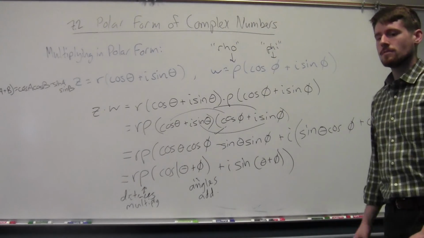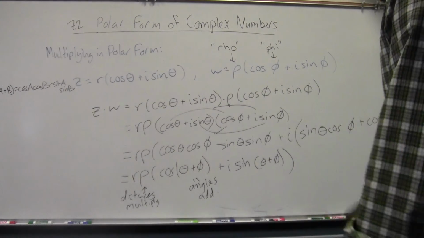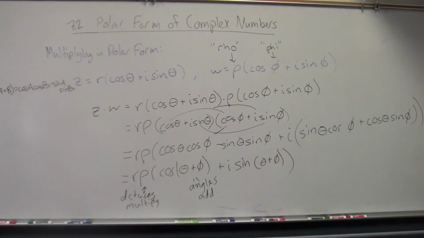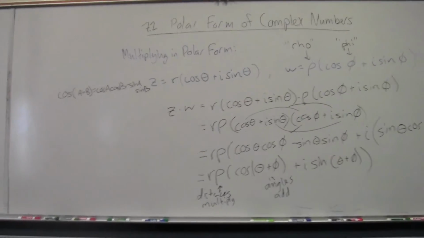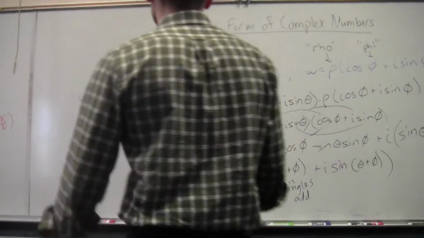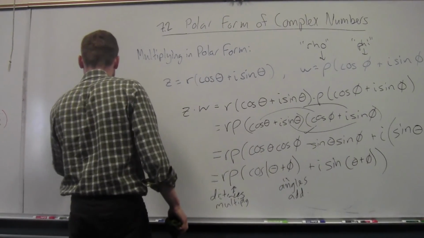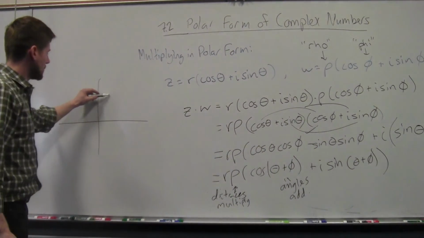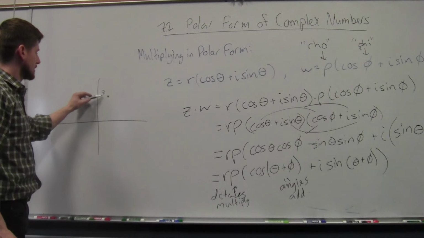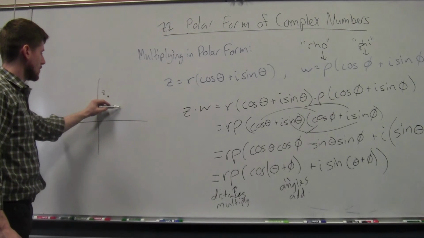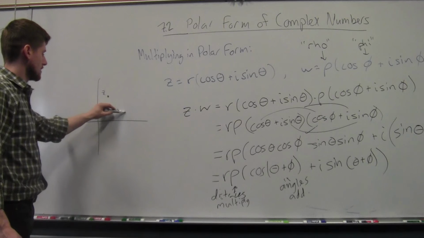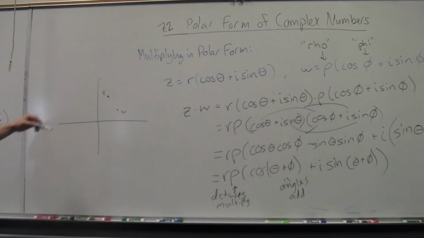We're going to try to sketch a picture that describes this. Here's one point z, and here's another point w, two complex numbers.